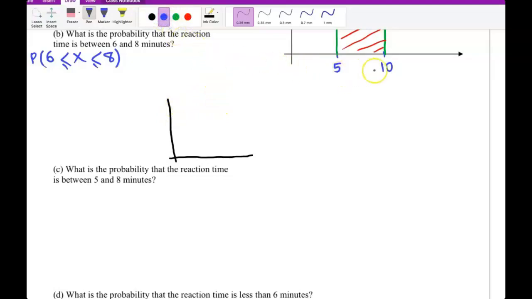Okay, so based on what we had here on this part, we had 5, 10. Now on this part we have 6, 8.